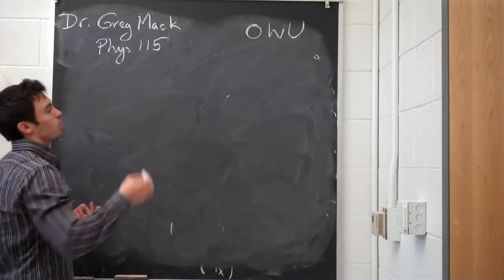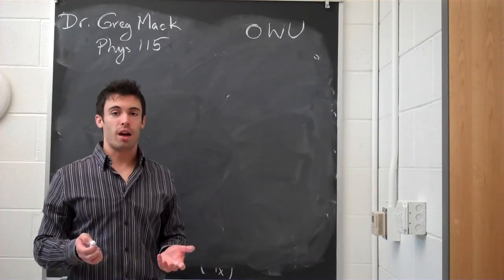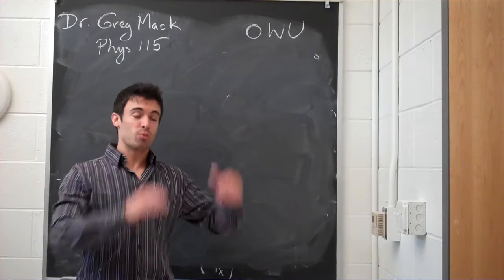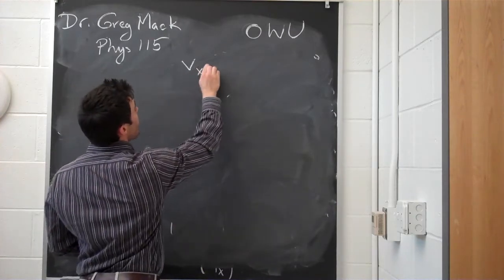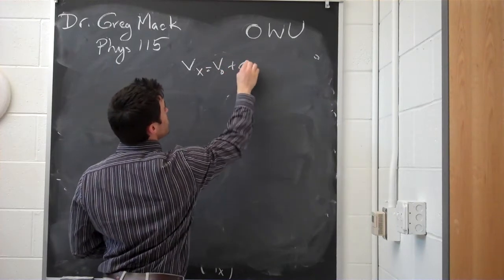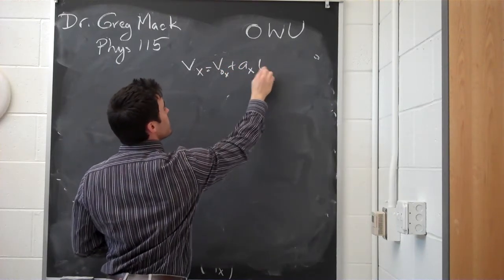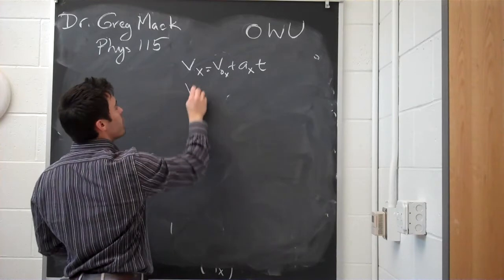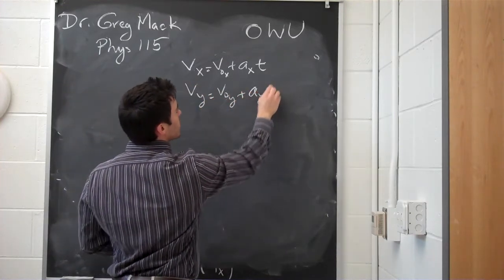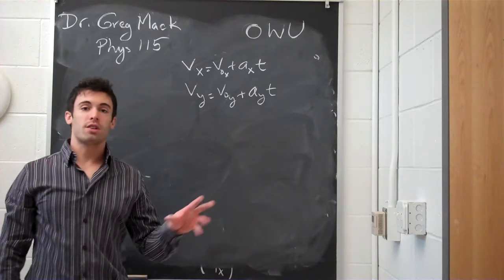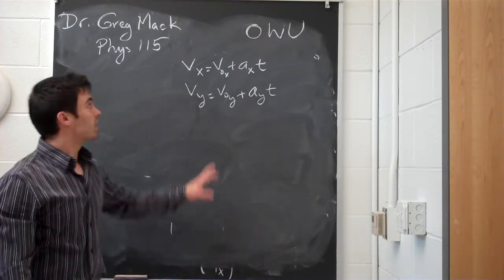And so for those projectile motion equations that we had, we can write each one as x's and each one as y's because they are completely separate. So for example, you would have Vx equals V0x plus axt, and you would separately have Vy is equal to V0y plus ayt. And you have the same modification for the other equations that we were using.